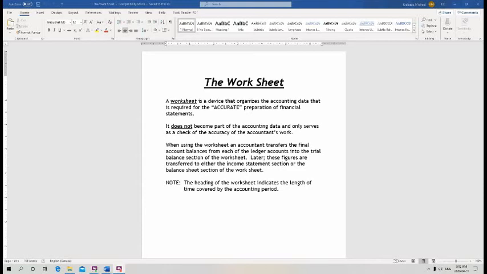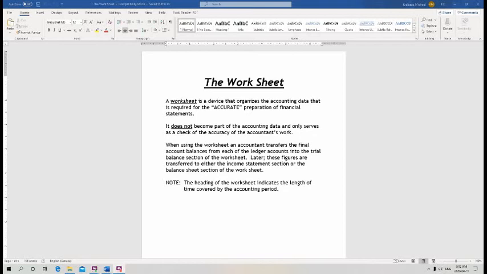All right, now, the worksheet doesn't become part of the accounting data. It's not like a balance sheet or an income statement. It's simply, like I said, the accountant's rough work, and it's going to make sure that everything balances before the financial statements are prepared.